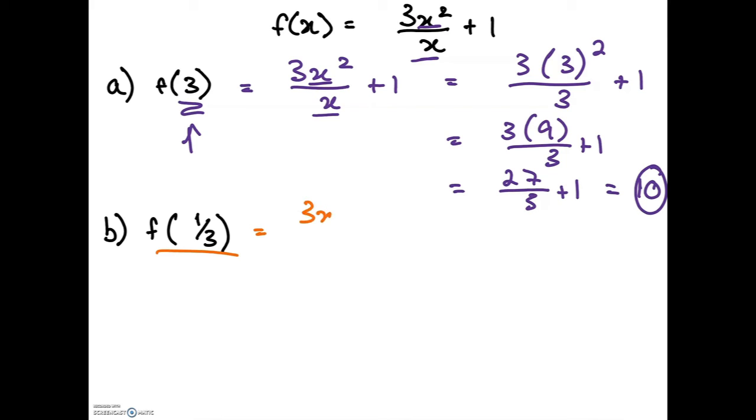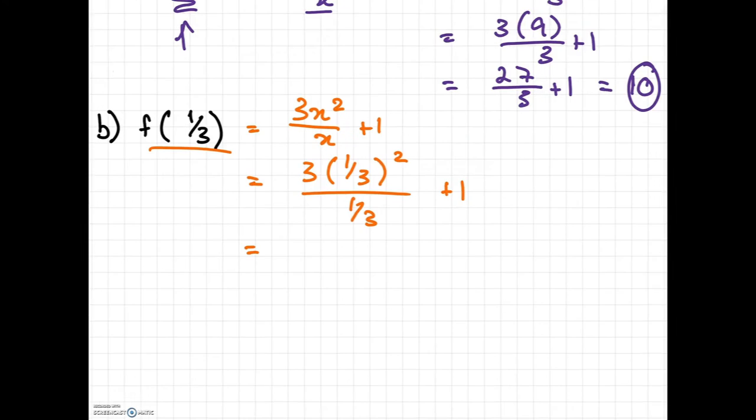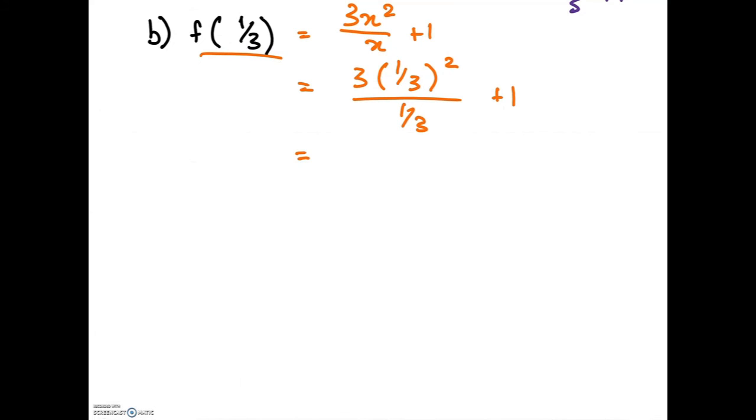So we have the equation 3x squared over x plus 1. Let's substitute 1/3. So 3 times 1 over 3 to the whole square over 1/3 plus 1. I'm running out of space here, so I'm just going to push it up.